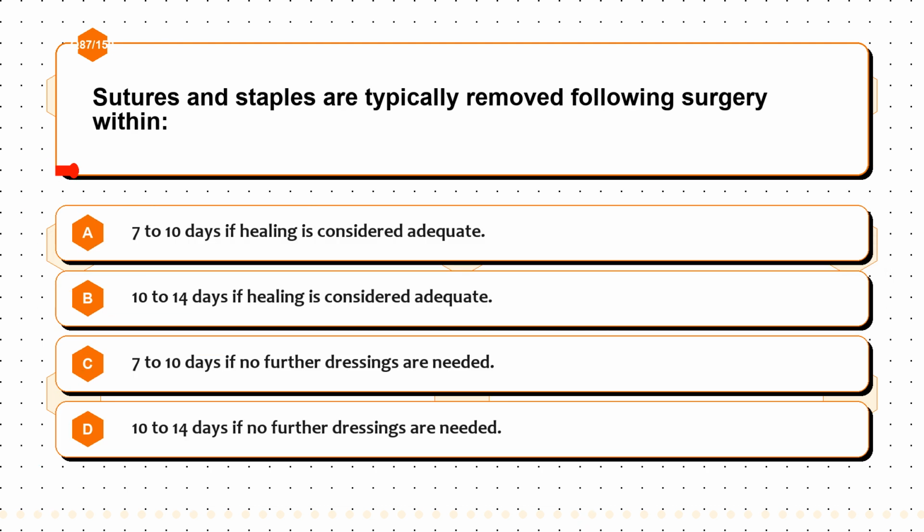Question 87. Sutures and staples are typically removed following surgery within. Here are the options. Option A, 7 to 10 days if healing is considered adequate. Option B, 10 to 14 days if healing is considered adequate. Option C, 7 to 10 days if no further dressings are needed.